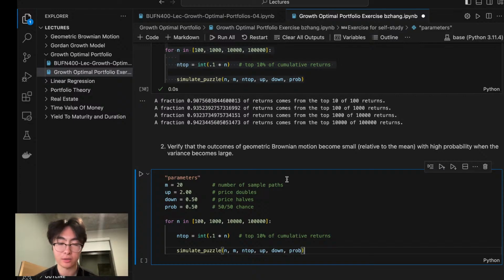Variance should depend on, I guess volatility depends on the amount of time that has passed, so delta t. So I guess if we just increase the number of periods in which our geometric Brownian motion is simulating, then that should increase the variance.